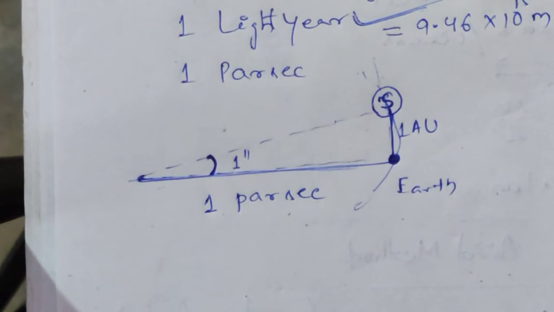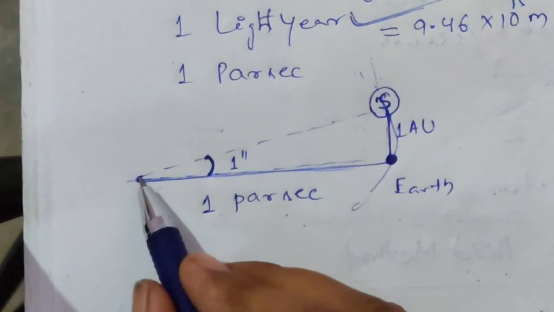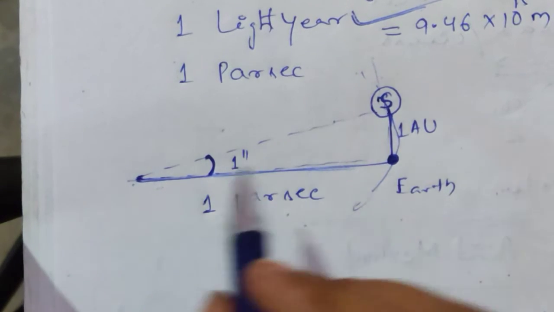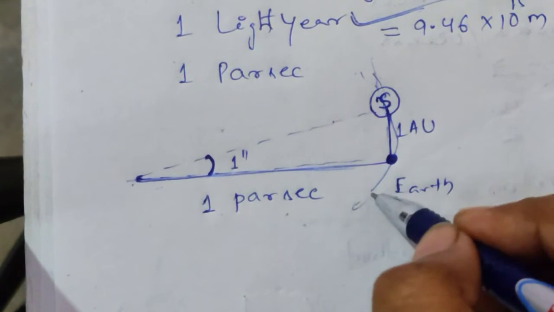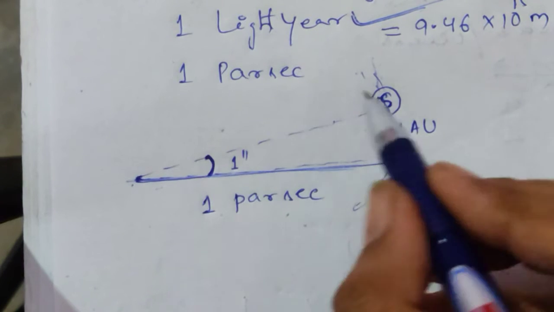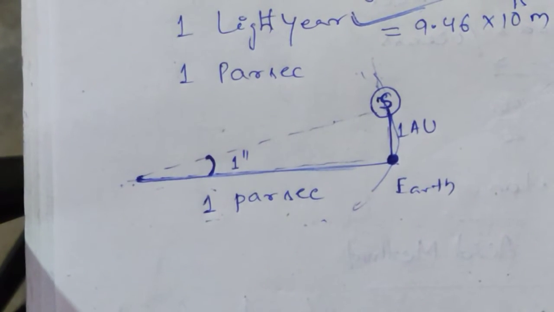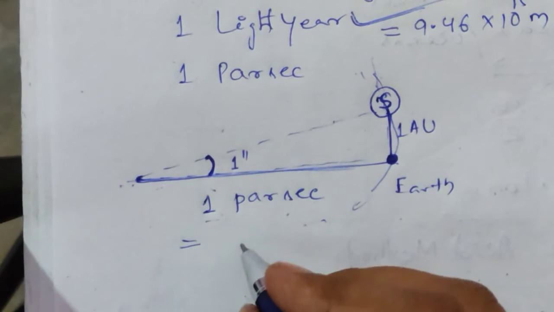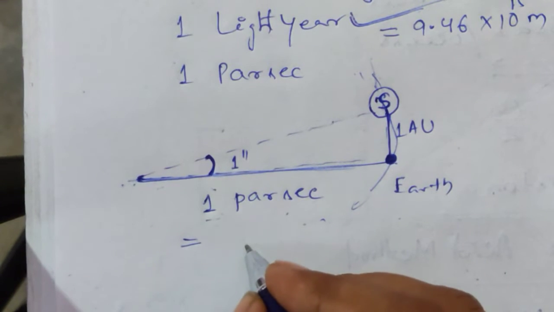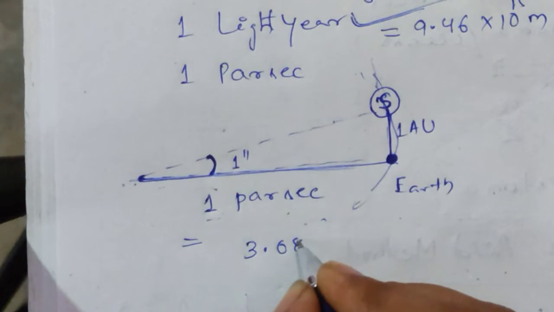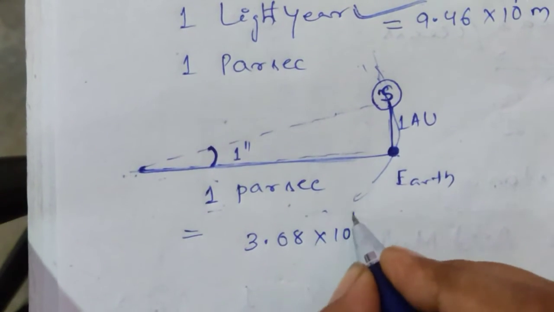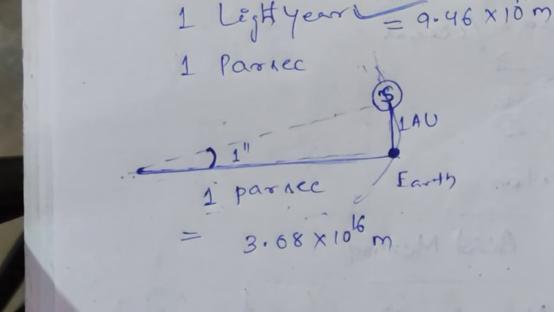Getting my point? The distance at which an arc of length 1 astronomical unit subtends an angle of 1 second is known as 1 parsec, and it has a value of 1 parsec equal to 3.08 into 10 to the power 16 meter.